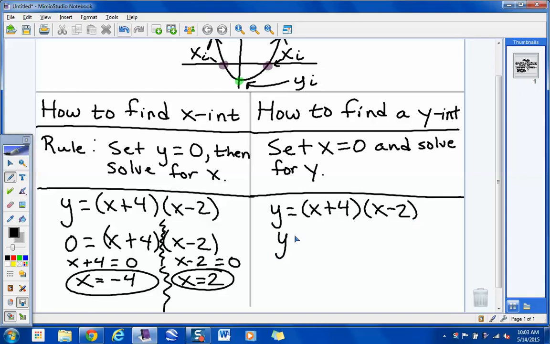Y equals, in parentheses, what plus what to begin with? 0 plus 4, times 0 minus 2. What is 0 minus 2? 2. What kind of 2, kiddos? Negative. There you go. How about that product right there? 4 times negative 2. Negative 8. Sweet. Y equals negative 8.